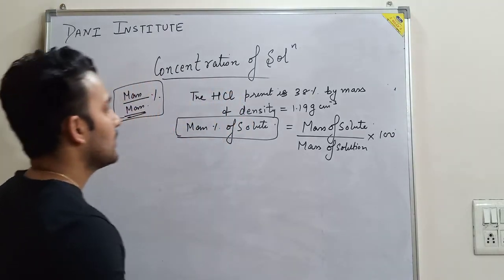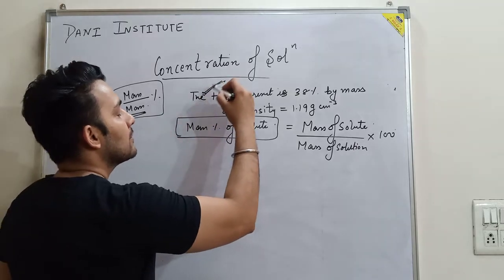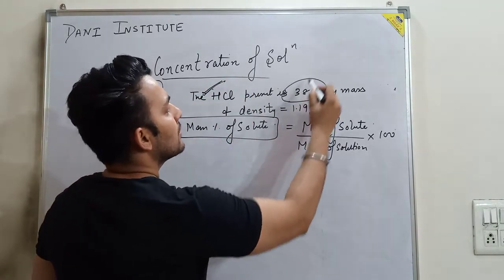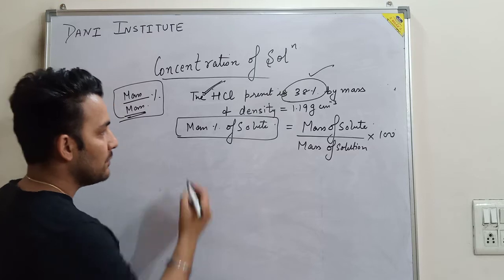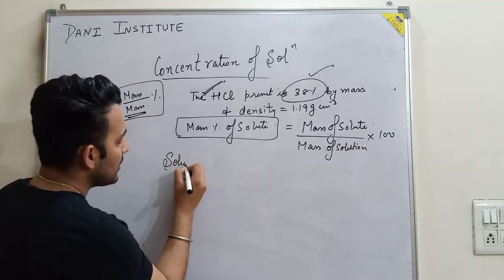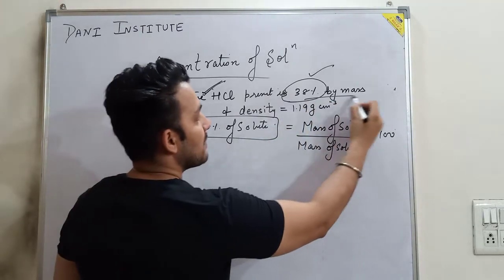So here the given is 38%. That means solute is 38% by mass.